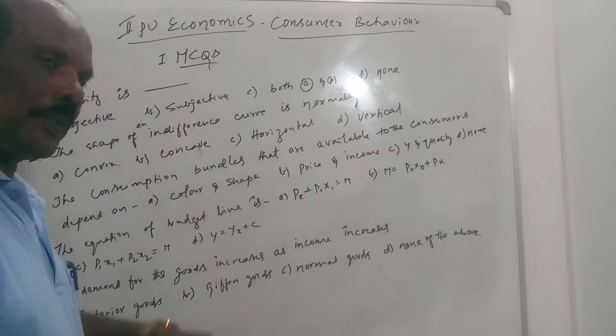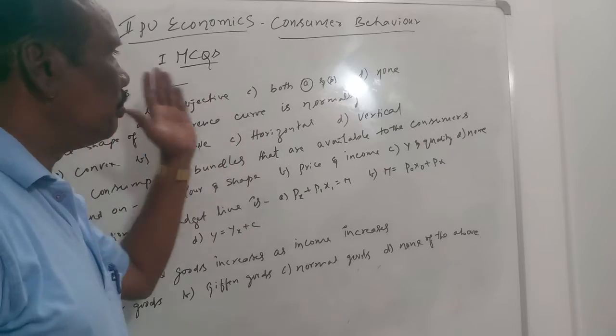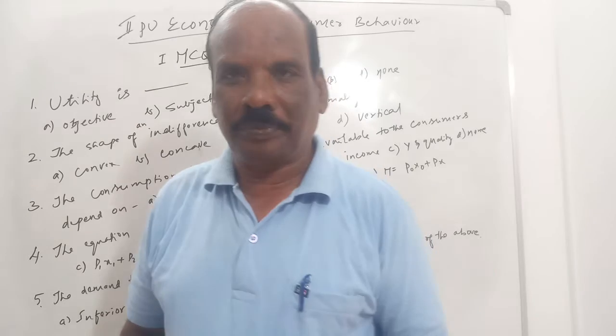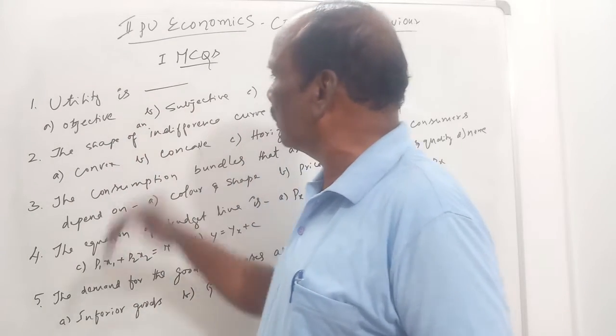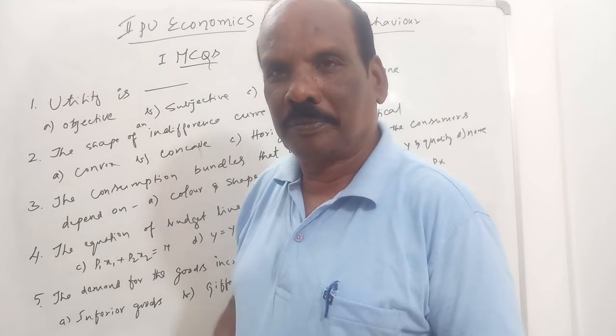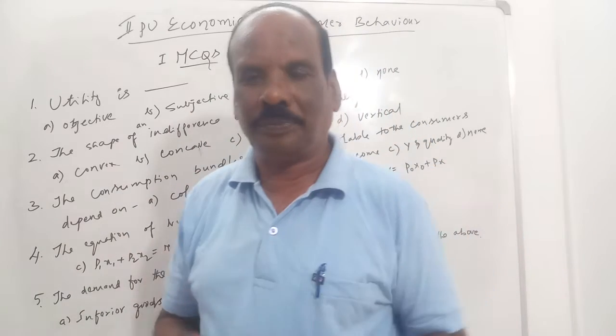Utility is dash. It is objective, it is subjective, both A and B and none. Utility is subjective or objective, or both A and B. The last one answer is none.